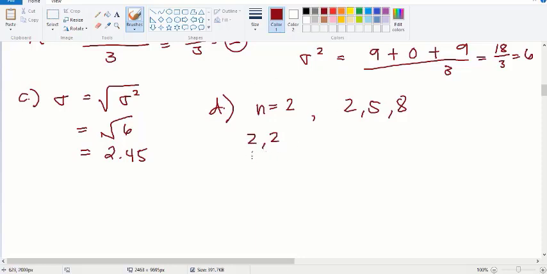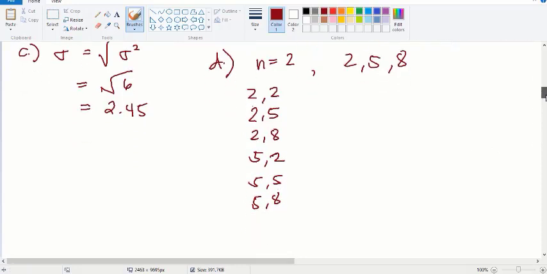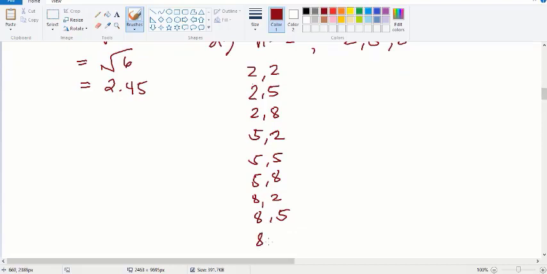And then, meron tayong 2 and 5. Meron tayong 2 and 8. Meron tayong 5 and 2, 5 and 5, and then we have 5 and 8. Okay, hindi talaga kasya. Let me go down a bit. Tapos meron tayong 8, 2, 8, 5, and then 8, 8. Okay. So, these are the outcomes, no? Yung mga possible na outcomes. Amazing ang sulat ko.